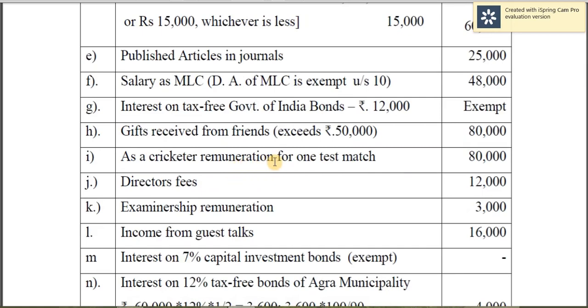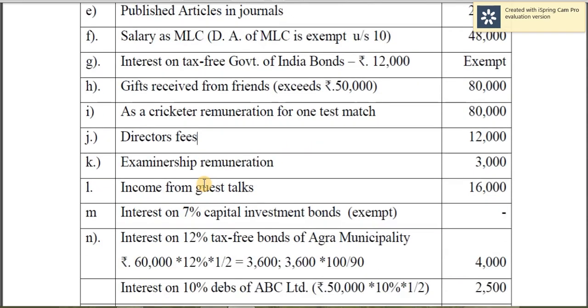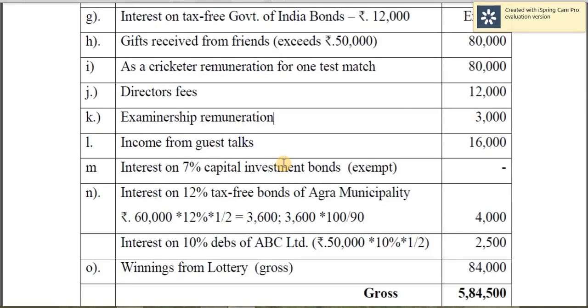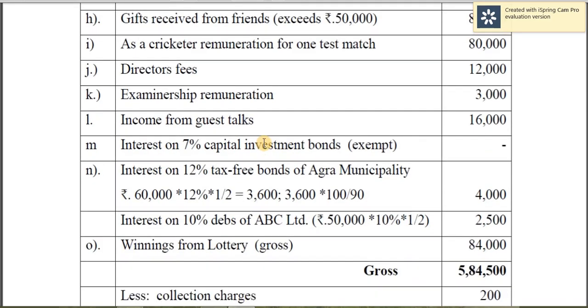As a cricketer, he receives remuneration for playing one test match, so that is taxable. Director's fees, that is taxable here. Examiner's remuneration is also taxable. Income from guest lectures is taxable. Investment in capital investment bonds, so any income from this is exempt.